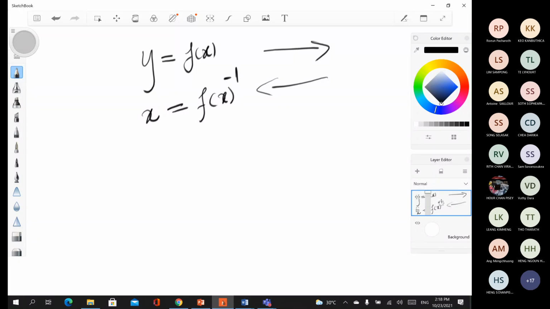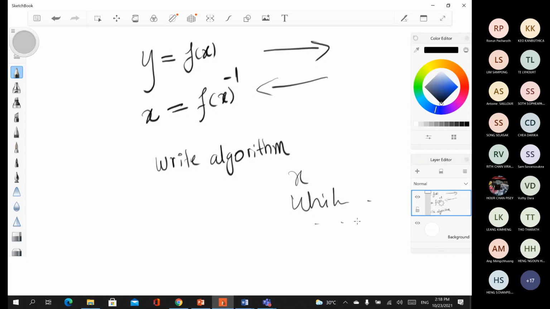In order to solve your model, there are many ways. One solution, which some people put in their publications, is to just write algorithms. For example, they take input x from the user, make a loop, while or for, and after that write code, something like this. Some people just draw a diagram.